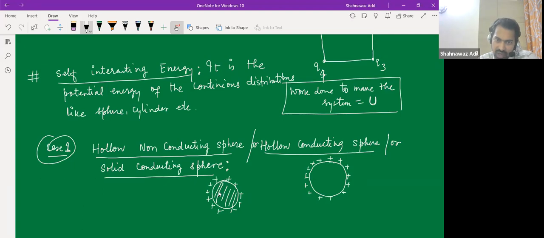There is no charge inside the sphere. For the hollow conducting sphere, we also don't have any charge inside. So these are the same property of these three spheres. Understood? The charges remain on the surface.